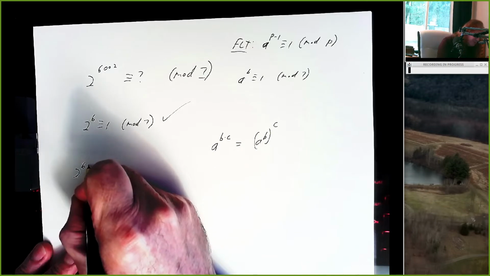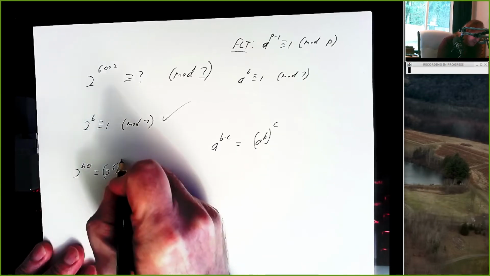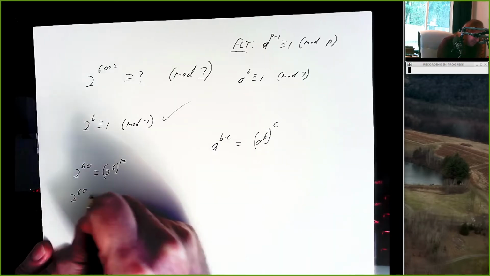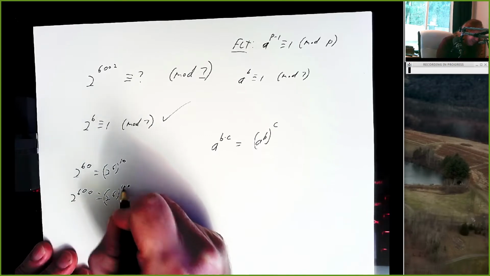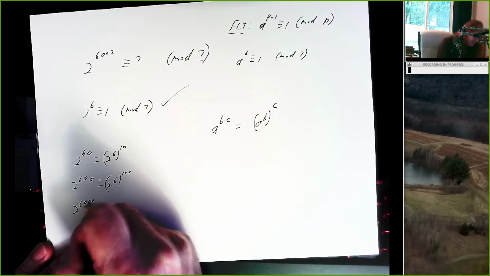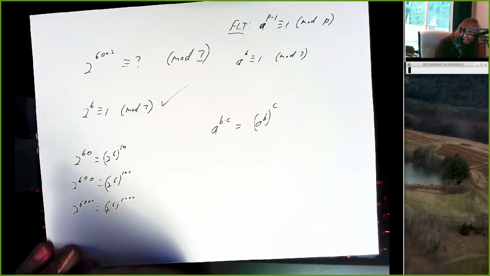2 to the 60th is the same as 2 to the 6th raised to the 10th. 2 to the 600th is 2 to the 6th raised to the 100th. 2 to the 6,000th is 2 to the 6th raised to the 1,000th. This has nothing to do with modulos.